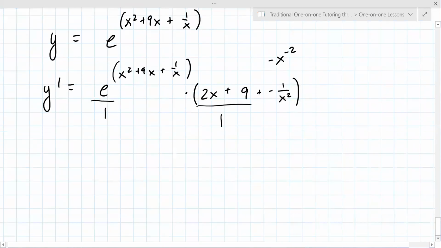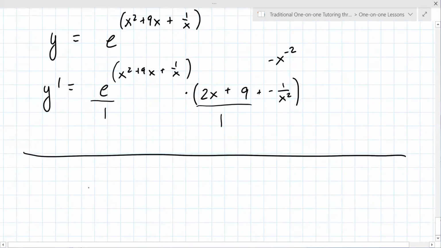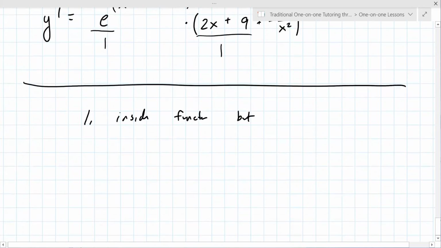Yes. Okay. Now, so far I've only given you one inside function, but there can be as many as you need. So for example, let's say it's the sine of the natural log of x squared.